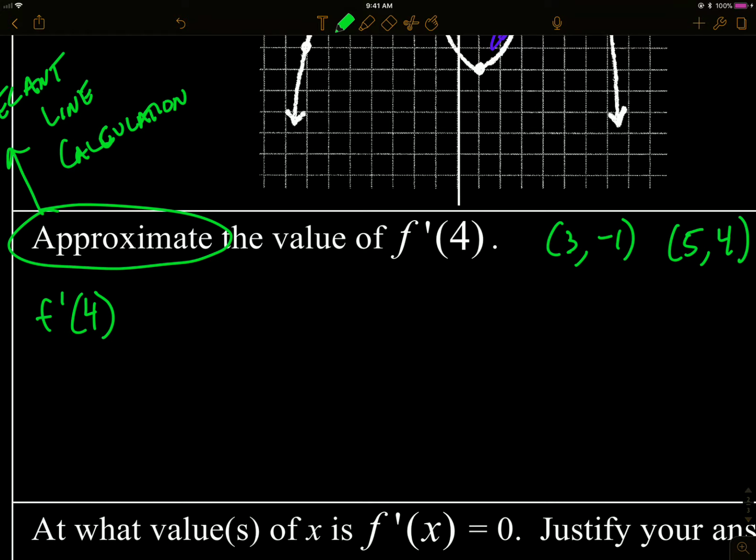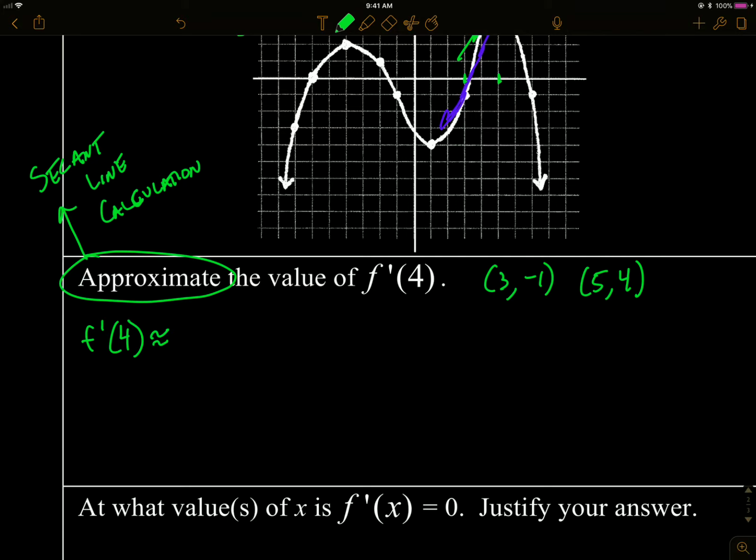So for my approximation, I want to make sure I use an approximate sign, and then I can do the slope between those 2 points. So I've got -1 minus 4 divided by 3 minus 5 to find that slope. I get -5 over -2, which simplifies to 5 halves. I should probably use approximate signs. Or you can say 2.5.